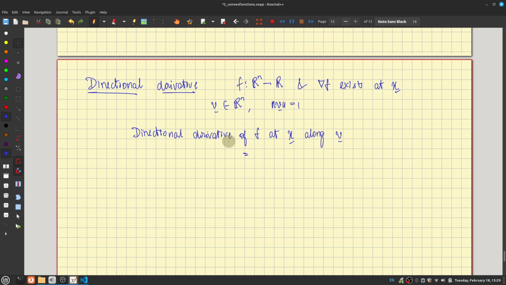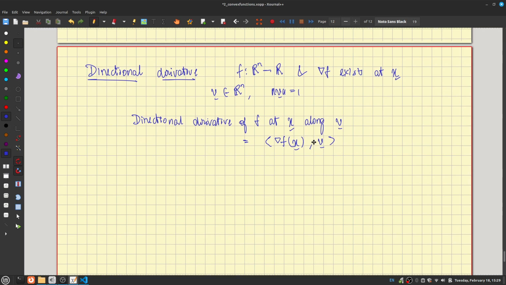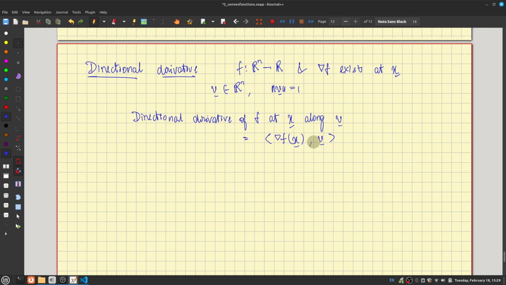It's basically just the inner product of the gradient with the direction v, or gradient of f transpose times v. Okay, so that's something that we'll require.